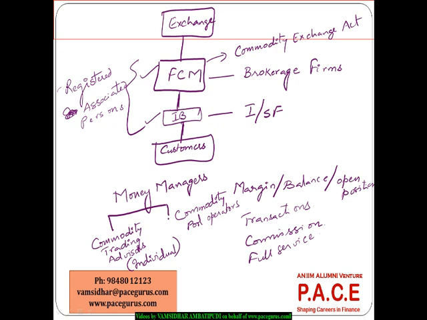Commodity pool operators, just like a mutual fund, collect money from various individuals, pool it into one single fund, and do the buying and selling as a group rather than separately for each individual. So these are the two major kinds of money managers or advisors we see in the commodities market.